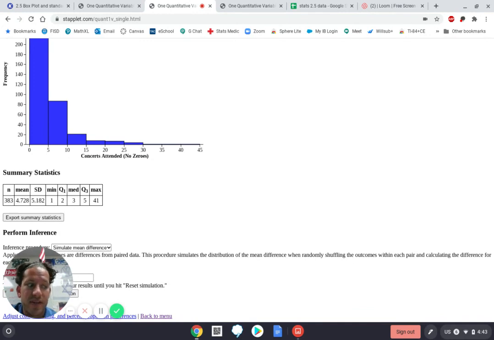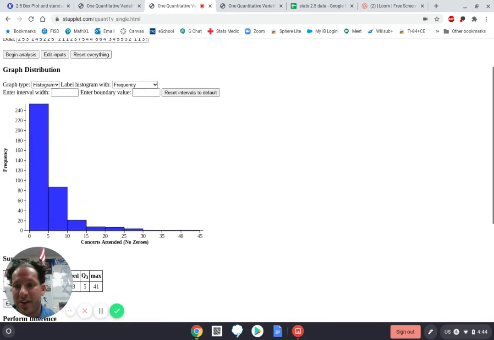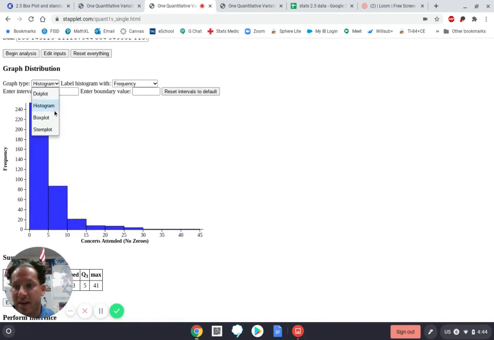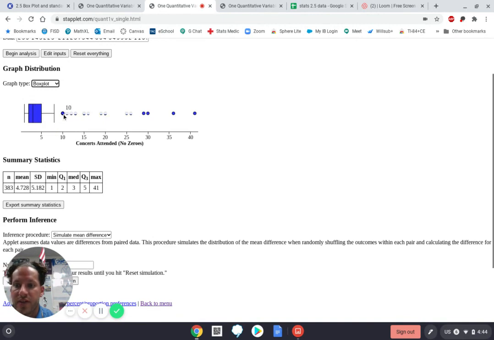So 1.5 times 3 gives us 4.5. 5 plus 4.5 is 9.5. So basically any value above 9.5 would be an outlier, which kind of makes sense. There's not a lot of us that have gone to more than 9.5 concerts. And if we look at the box plot here, all those values above 9, so 10, 11, 12, etc., all of those are little dots showing that they are outliers.